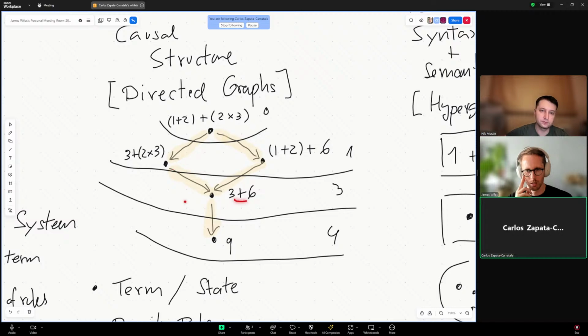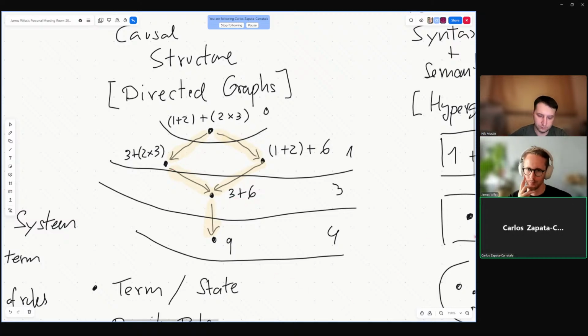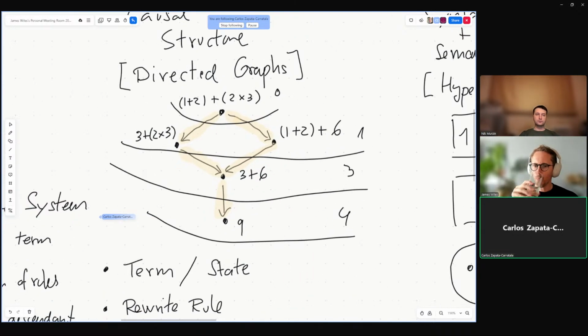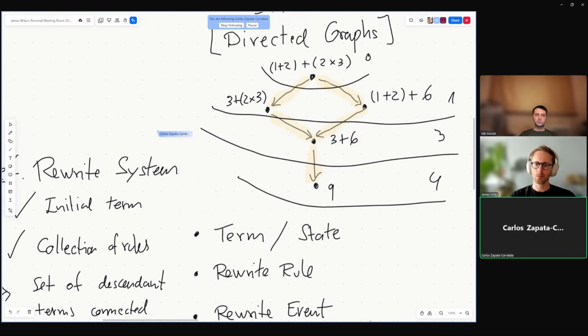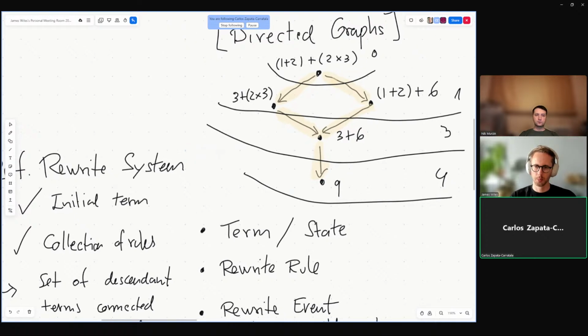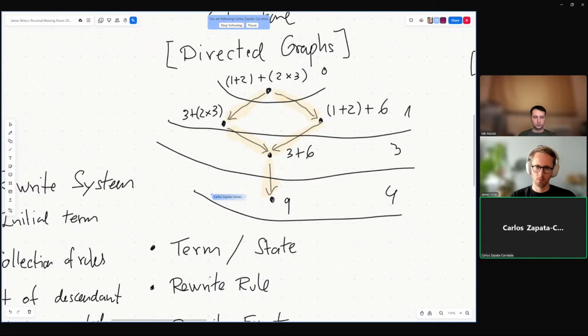Oh yeah. This is a very good question because it clarifies something that might not be obvious to people who are unfamiliar with rewrite systems. I should have said this very explicitly before, so thanks for the comment. In a rewrite system, you take a term or a state and your collection of rules, and you pattern match for all possible matchings. You just exhaust all possibilities, and then you do each of these independently.